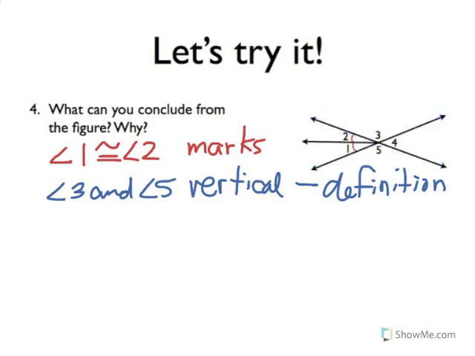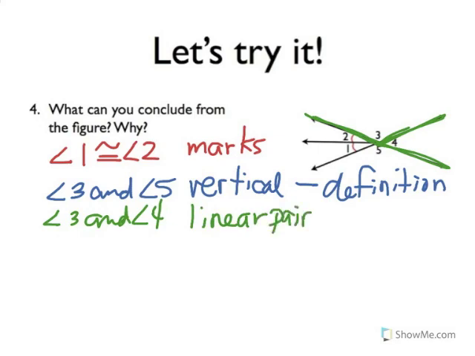Next, what else can we figure out about this figure? Well, I noticed that angle 3 and angle 4 are adjacent angles, but not just any sort of adjacent angles. They form a linear pair, and that is also by definition. But let's not stop there, because notice what we have with angle 4 and angle 5.